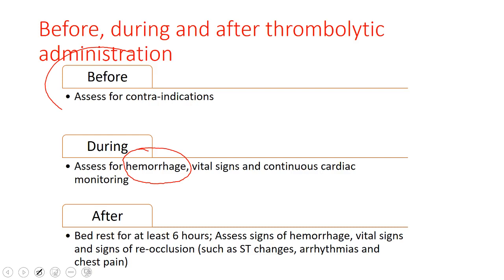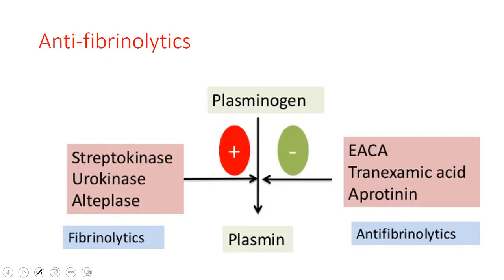If the patient has any bleeding episode, then immediately you need to stop the infusion and may consider administration of one of the antifibrinolytics such as epsilon aminocaproic acid or aminocaproic acid, tranexamic acid, aprotinin.